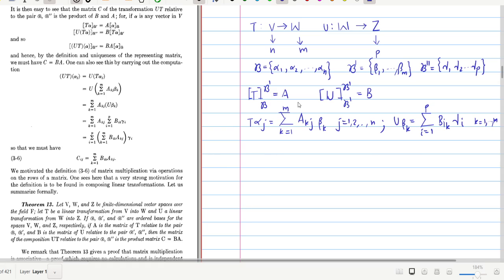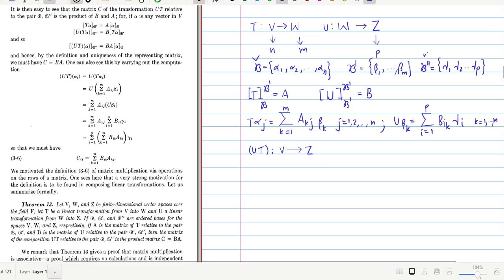Then using this A and B, we will find the matrix of the composition, that is UT. The linear transformation UT is from the vector space V, the domain of T, to the codomain of U, that is Z. Then, by fixing the bases B and B double prime, you can find the matrix of UT relative to the bases B and B double prime.